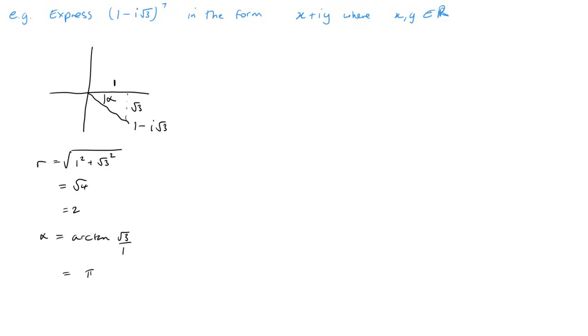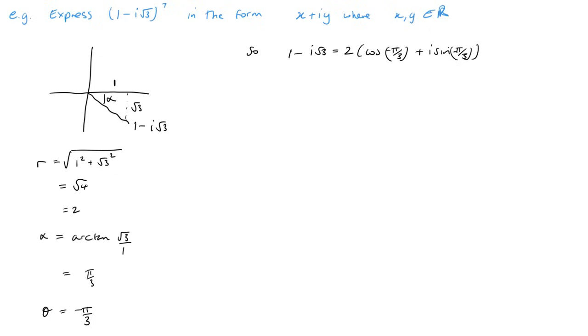So alpha is pi by 3, and then theta, my argument, is going to be minus pi by 3. So 1 minus i root 3 is 2 cos minus pi by 3 plus i sin minus pi by 3.